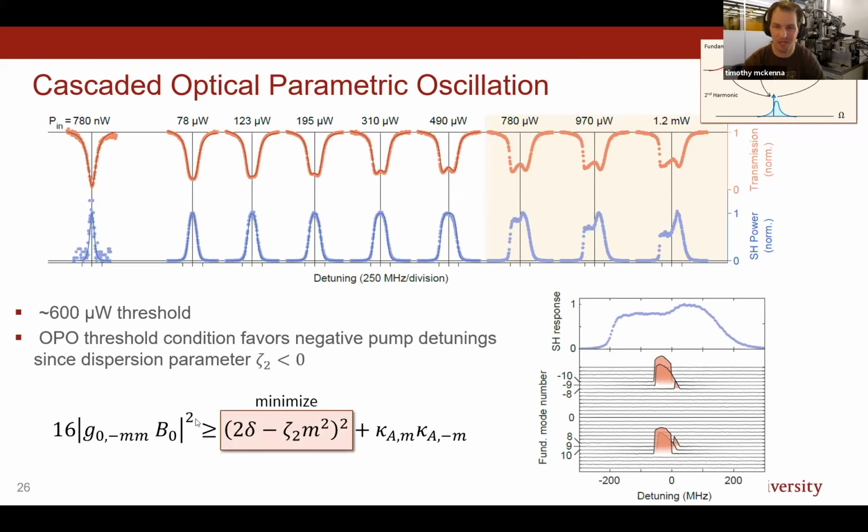If you look at this term here, I know the variables are a little different, that's just because we're pumping at the fundamental. If zeta is negative, then it's for negative pump detunings that you minimize this quantity, and that's exactly what we see here. For negative pump detunings, we can surpass the oscillation threshold and start to oscillate back at the fundamental.